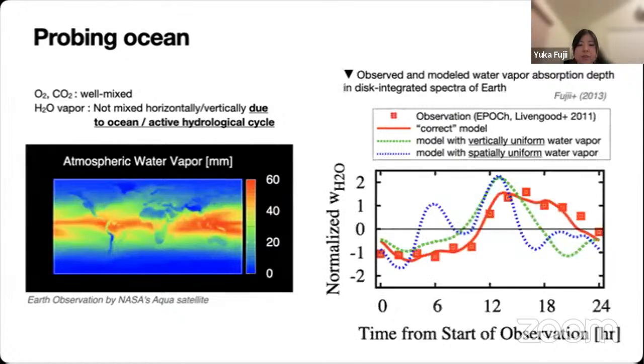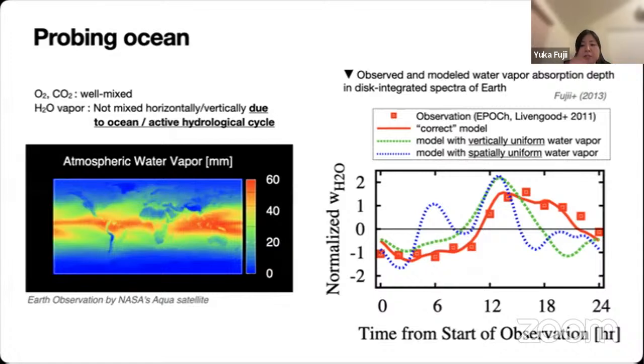However, our analysis on the disk-integrated near-infrared spectra of the Earth, again obtained by the Box mission, identified the difference in the time variation between water vapor absorption bands and other well-mixed gas species like CO2, which can only be explained by the heterogeneous distribution of water vapor, which is the red line shown here, as compared to the dotted observed data.